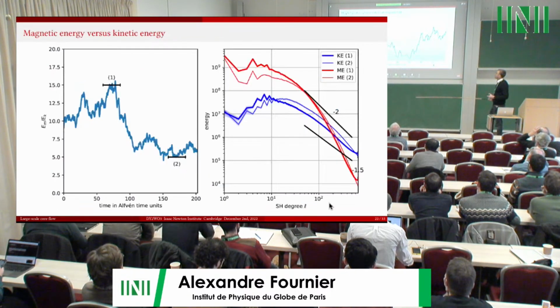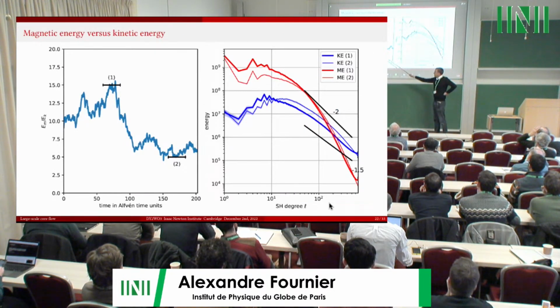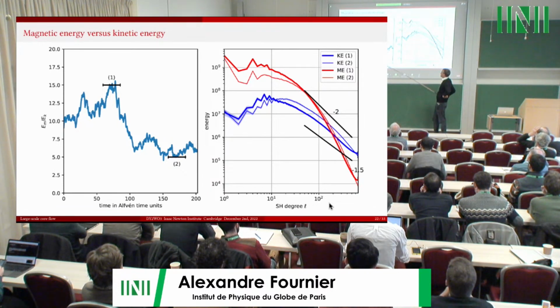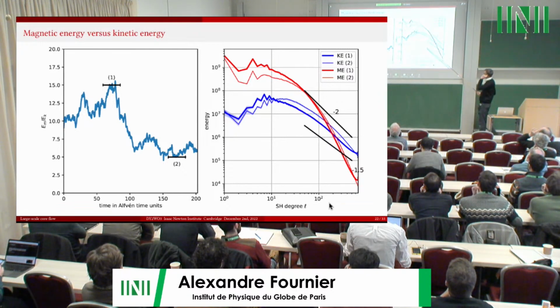If you now look at the ratio of magnetic to kinetic energy, it fluctuates over those 200 Alfvén times between 15 and 5. So what I did on the right here is I selected the two time intervals 1 and 2, and I plotted the kinetic and magnetic energy spectra for these two intervals.